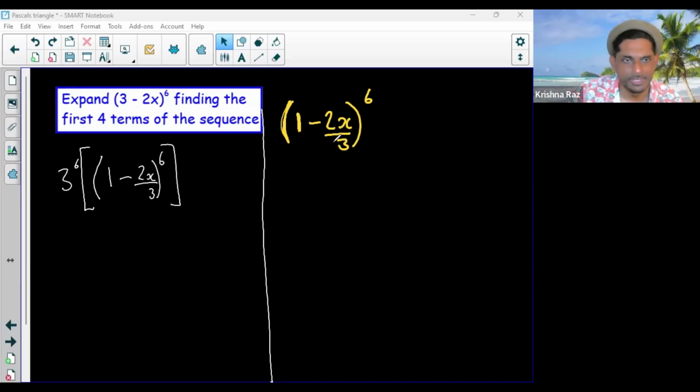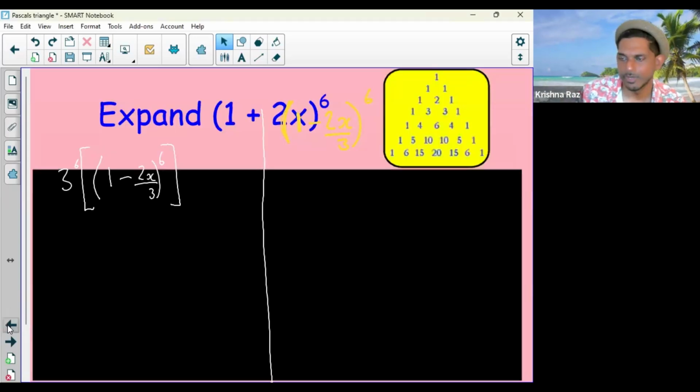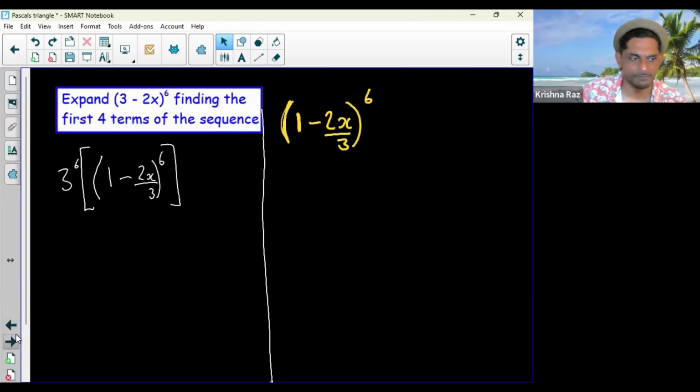So using Pascal's triangle, I'm trying to think what the last values were. Let's have a look. It was the bottom layer of the triangle. So the first 4 terms are 1, 6, 15, 20. So I'm going to use that.